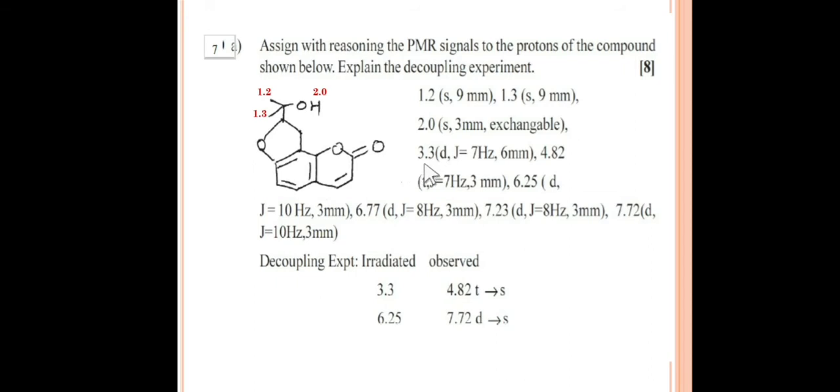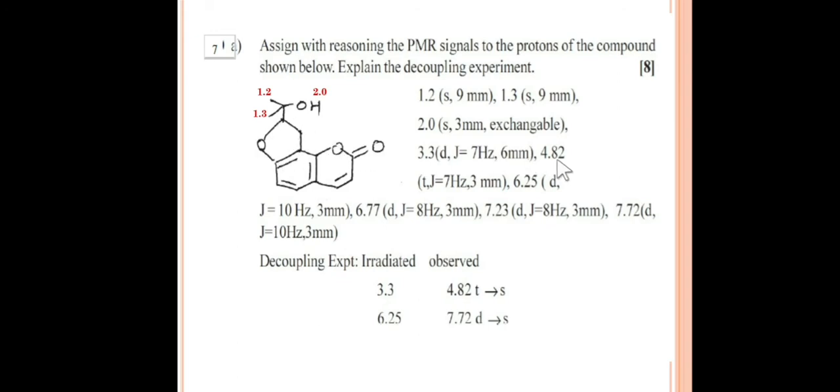Next signal is 3.3 doublet 2H, and you can see that there is a 2H over here. The next signal is 4.82 triplet 1H. 3 mm is 1 proton, and both have the same coupling constant. That means they are coupled with each other. So we can see that this is a CH2 and this is a CH.